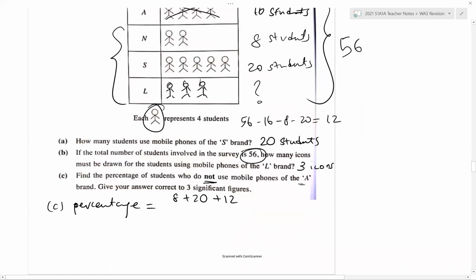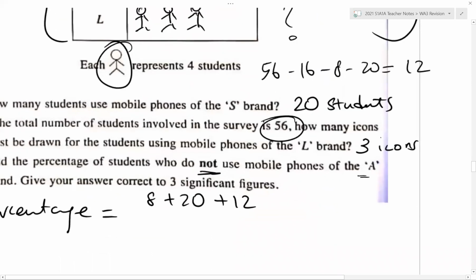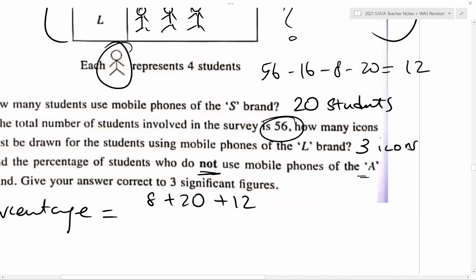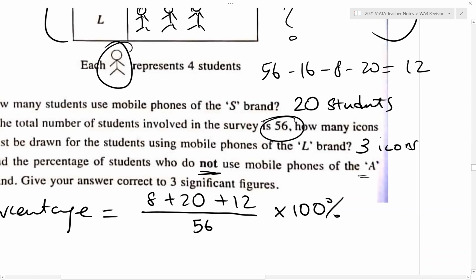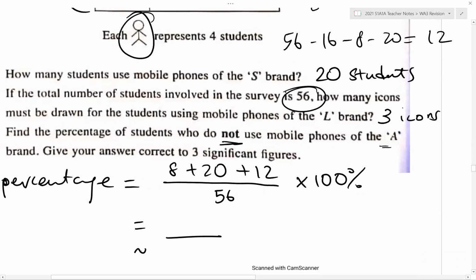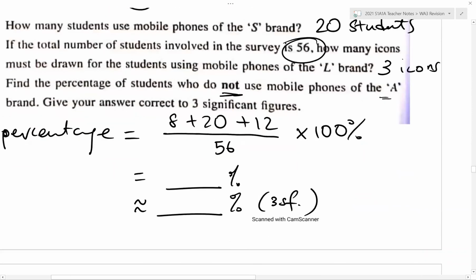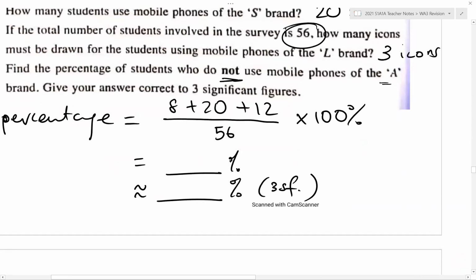These are the students who do not use the A brand. Over the total of 56 times 100%, because they ask for percentage. Round off to 3 significant figures. This you can do by yourself. Just press the calculator.